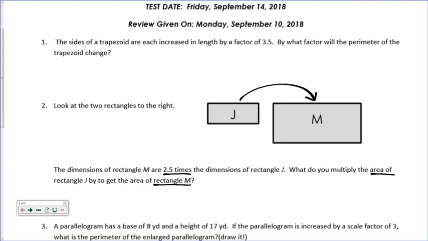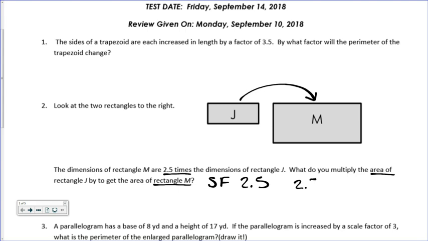So there was a rule for this. The area of your old figure multiplied by the scale factor squared. And in this case, our scale factor is 2.5. So since our scale factor is 2.5, we're going to square that.